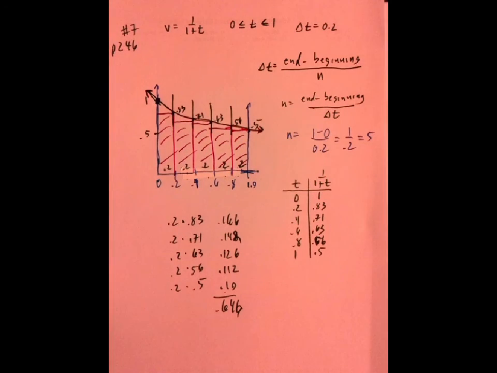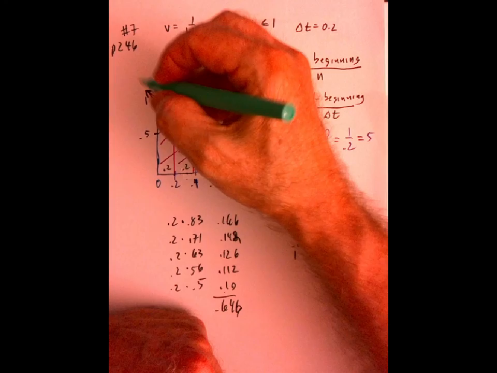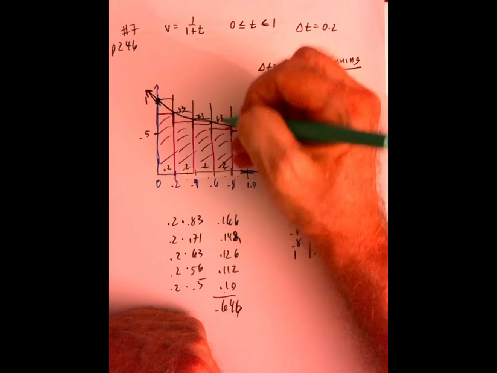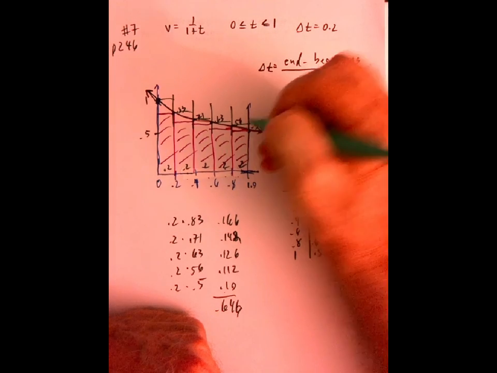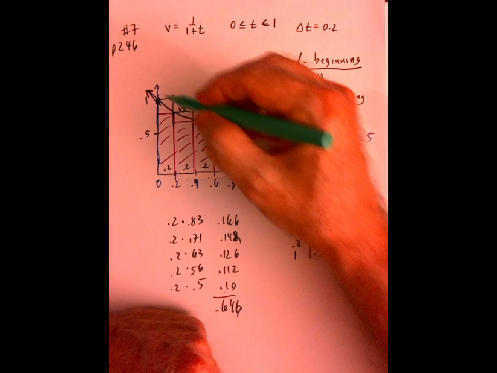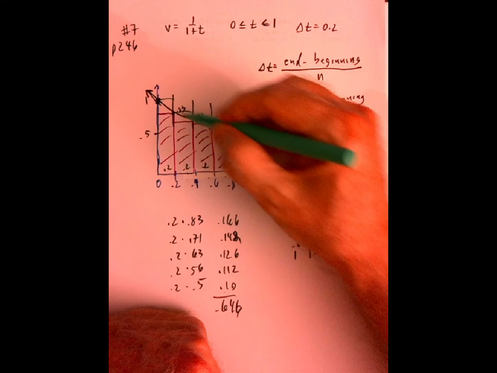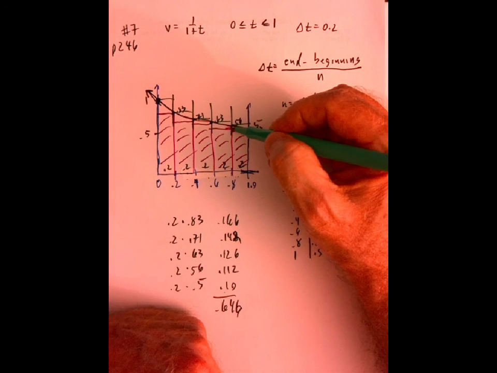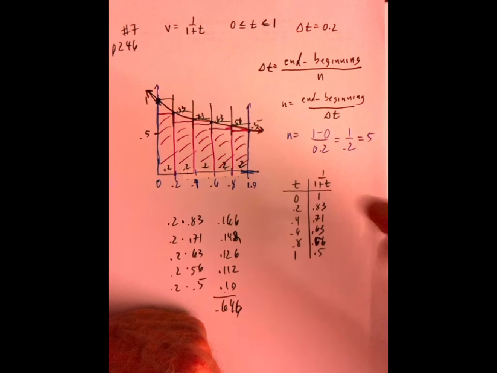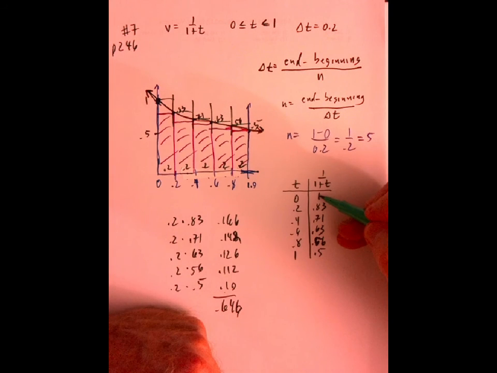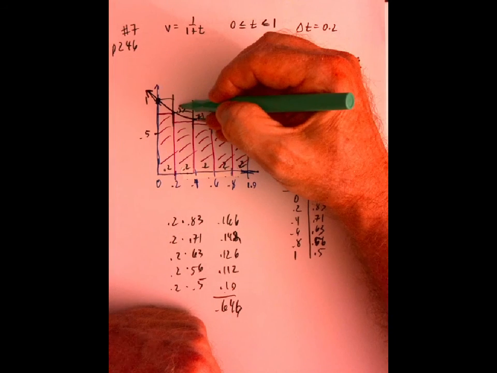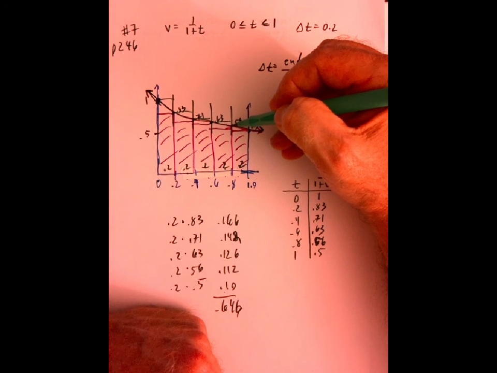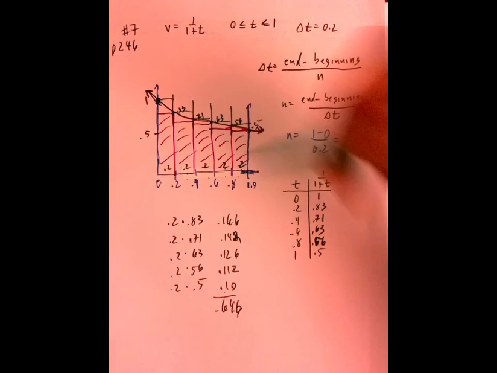Okay. The left-hand sum would give us the overestimate, which are represented by these rectangles right here, and we would use the same values, but notice that for the decreasing function, they're going to be anchored on the left, so we would use 1, 0.83, 0.71, 0.63, and 0.56 for the heights of the rectangles, but then still use 0.2, right?